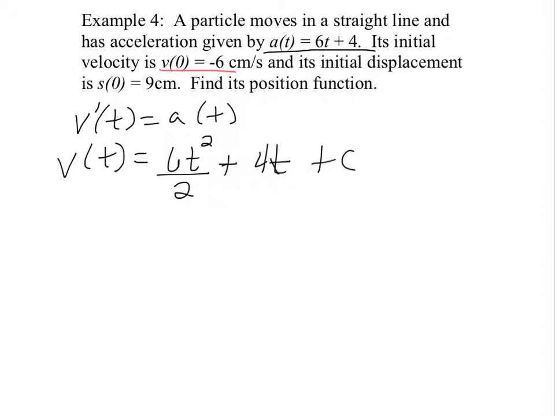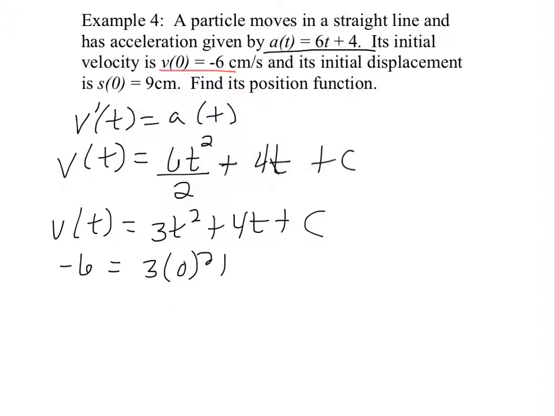First, though, I want to simplify the velocity. So I get 3t squared plus 4t plus c. And I know that I can put that -6 in here and plug in zeros for my t's. And conveniently, these both go to 0, so I have -6 equals c.